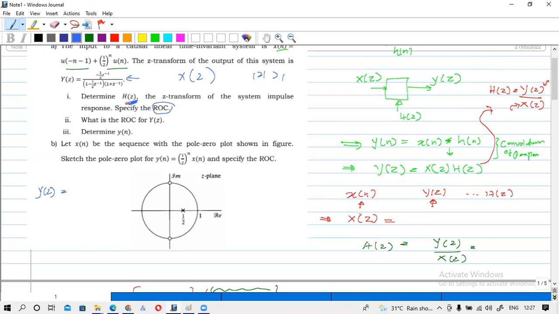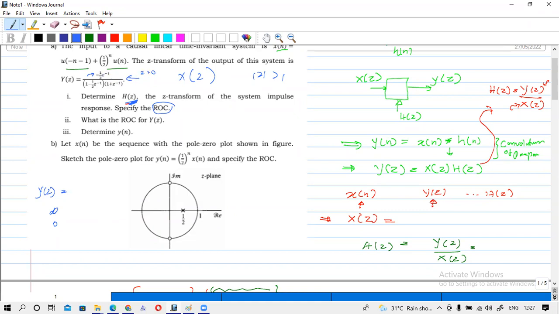Here the ROC will not include infinity or 0, no? Because if you put 0 here, you will get 1 by 0, 1 by 0, 1 by 0, that means infinity by infinity, which is not defined. So Z equal to 0 is not there.